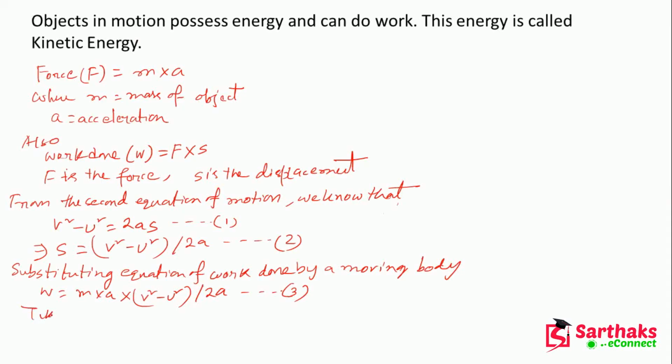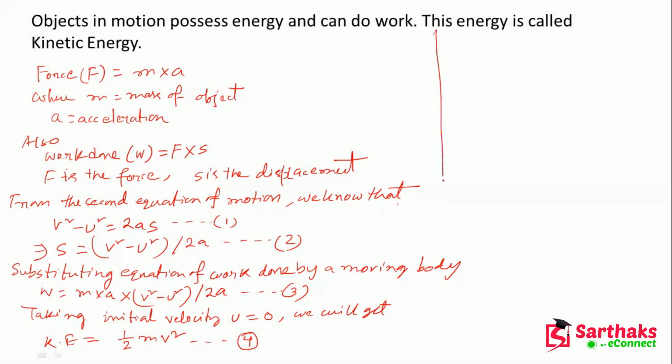So taking initial velocity u equals 0, we will get that kinetic energy equals half of mv square. Equation number 4. So here the kinetic energy equals half mv square.